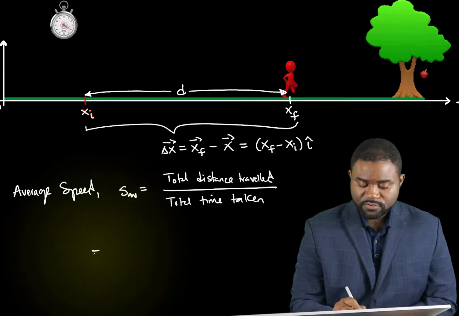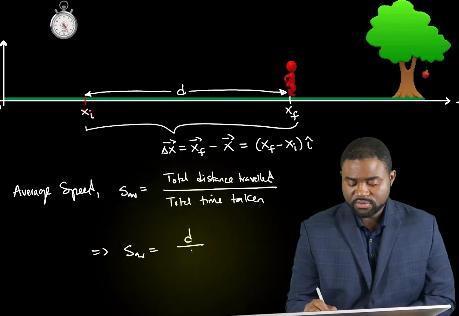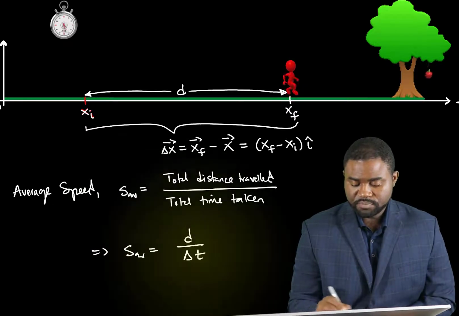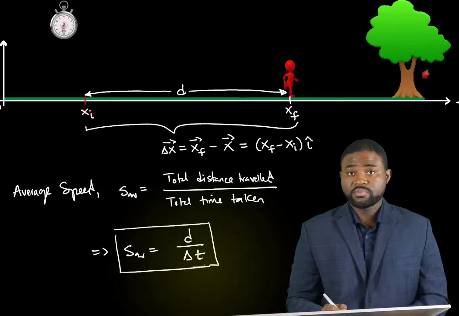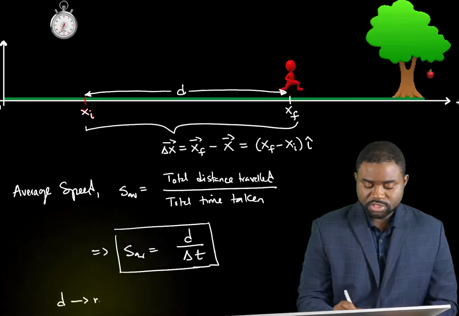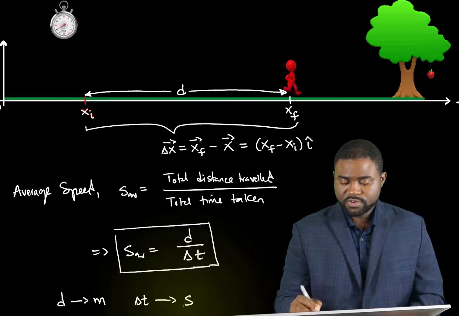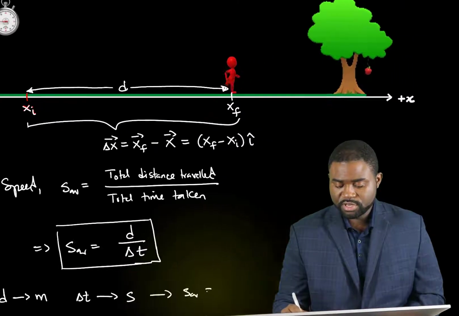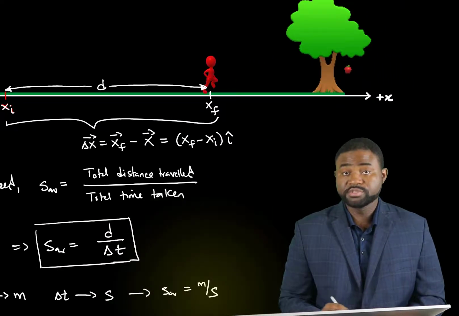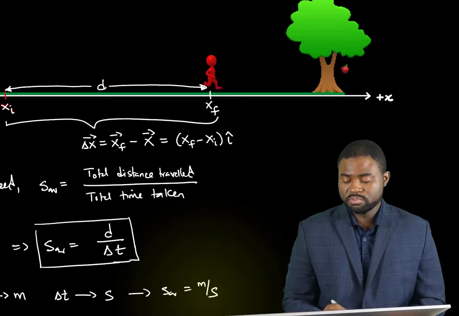So this means that the average speed is d divided by delta t. This is the definition of the average speed. Distance is measured in meters. The time interval is measured in seconds. This therefore implies that the SI unit for average speed is meters per second.